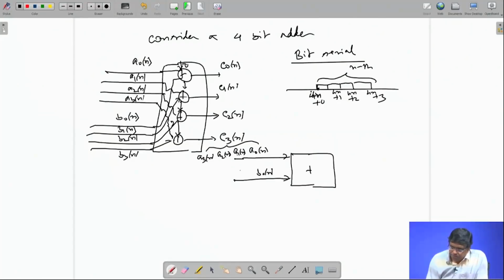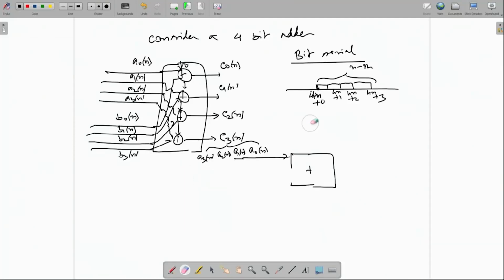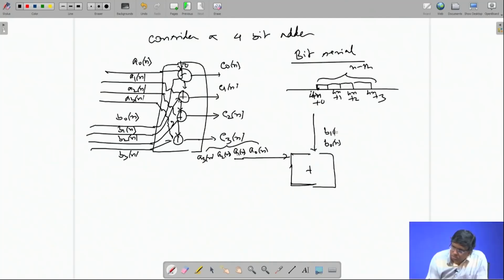Same for this B0n, B1n. Okay, in order to avoid some congestion, here this will be congested. Let me draw B0 from top. Okay.